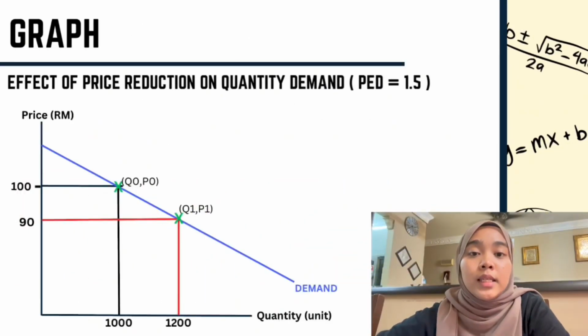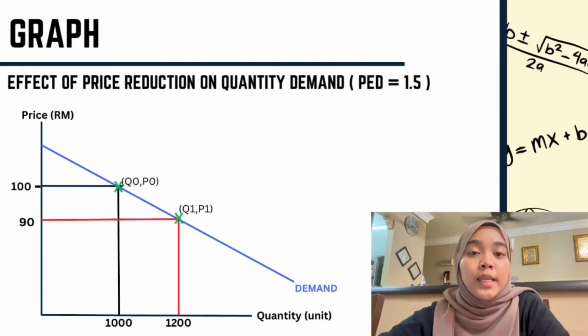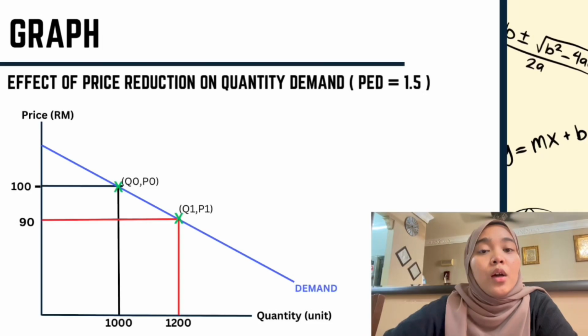This is the example graph for the effect of price reduction on quantity demanded, where PED is equal to 1.5. The blue curve is the demand curve, and the green points show the initial price and quantity, which are P0 and Q0, and P1 and Q1 are the new price and quantity demanded.